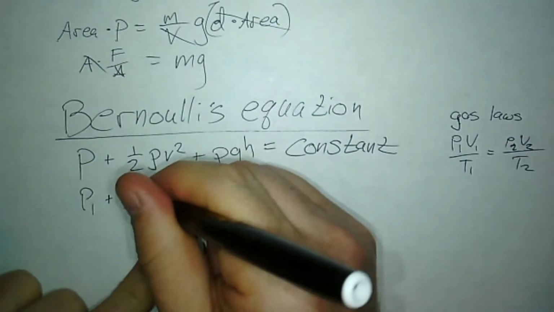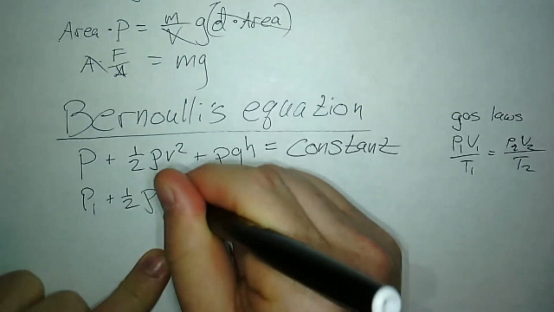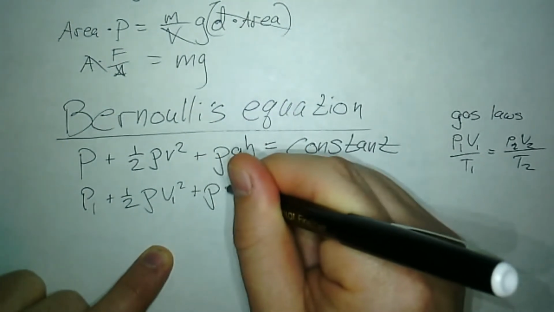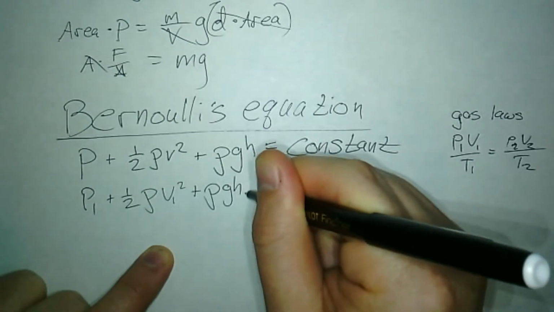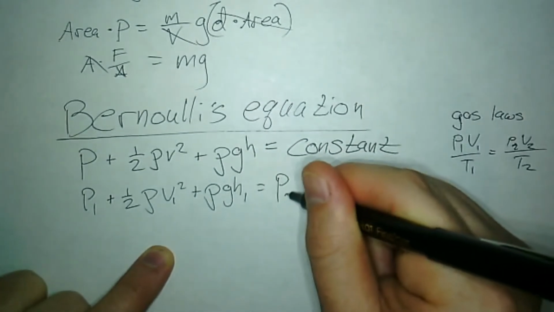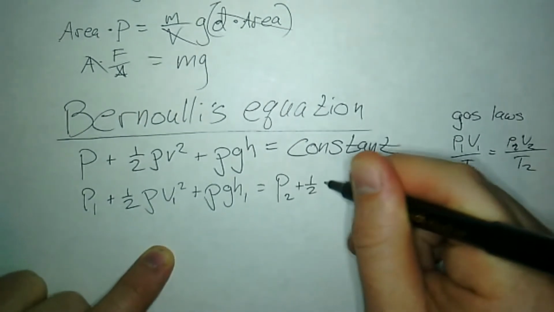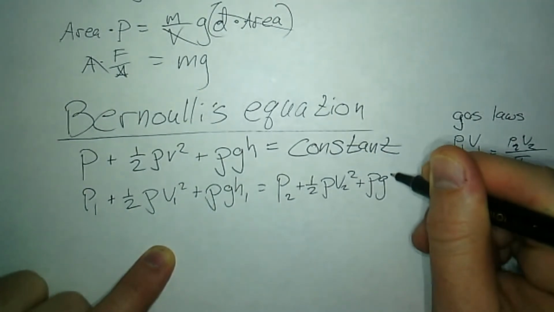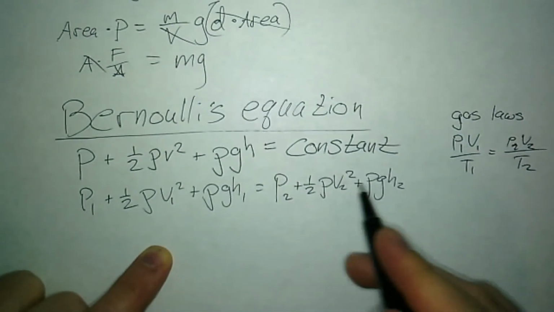So the way we'll write this most times is like this, and we'll assume that density is constant. So pressure 2, density 2. And this is now no longer depth.